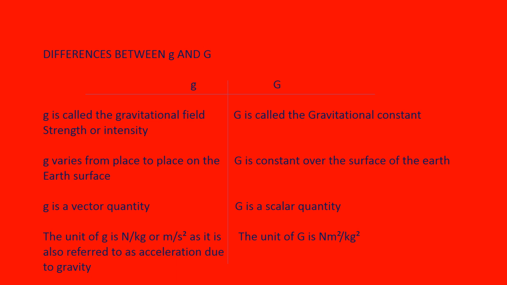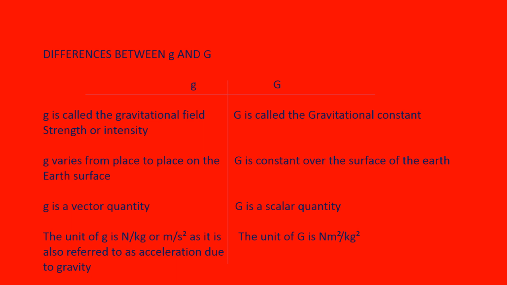We talked about the variations in g in our previous lesson. So that alone serves as a difference between gravitational field strength and gravitational constant. So while small g varies from place to place on the Earth's surface, our big G is constant over the Earth's surface.